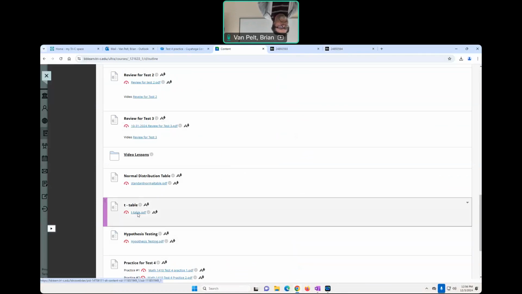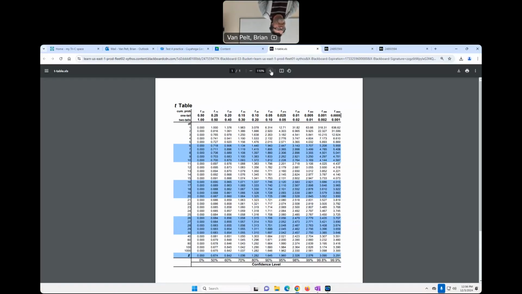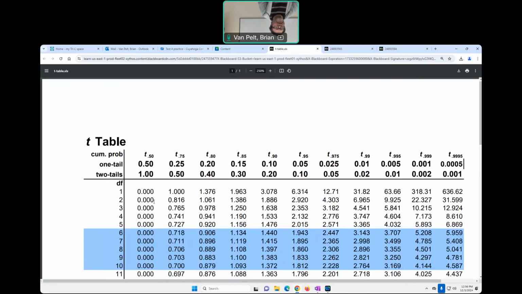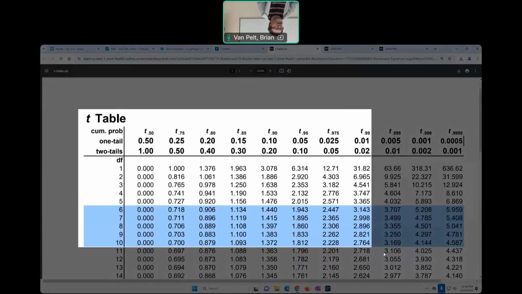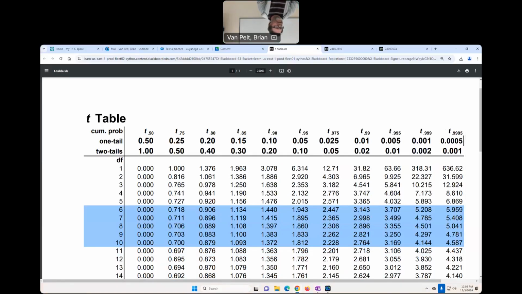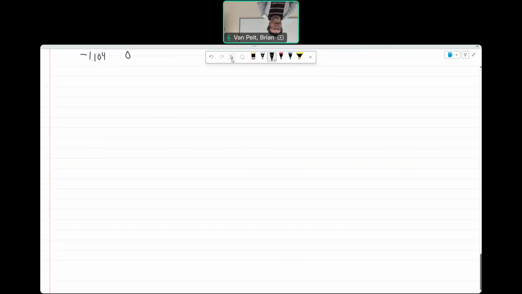Let me grab a T table here. All right, how many degrees of freedom do we have? We have 11 degrees of freedom. So let me pull up that part of the table. The table does not have negative values on it. You have to infer them.